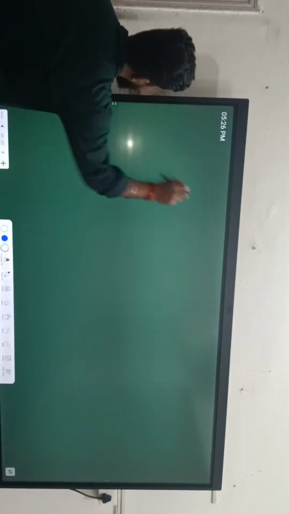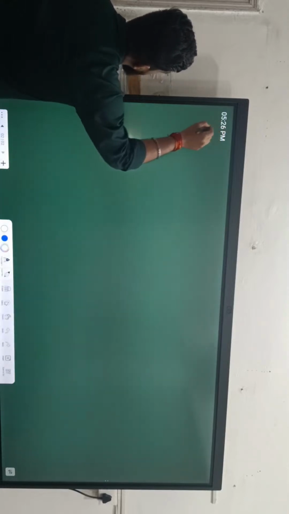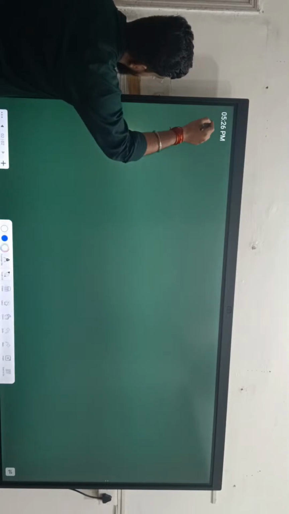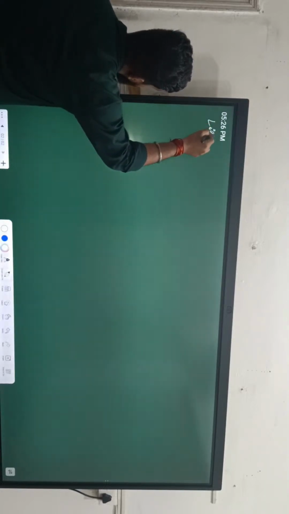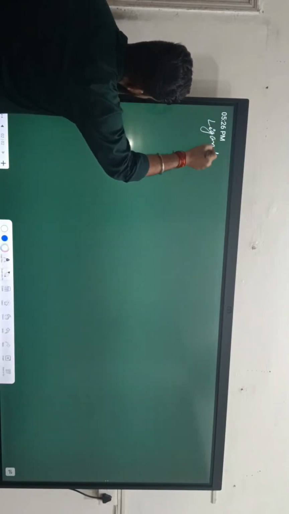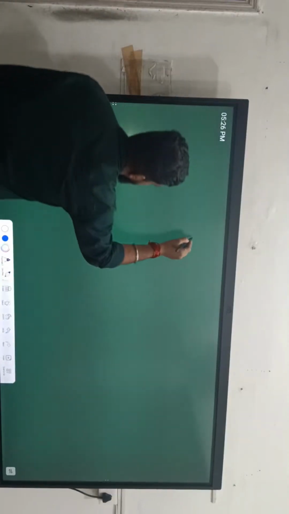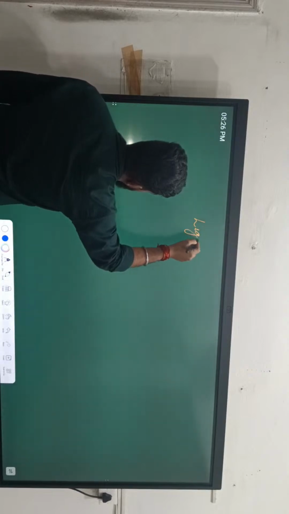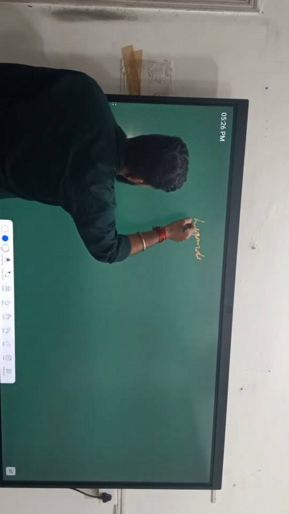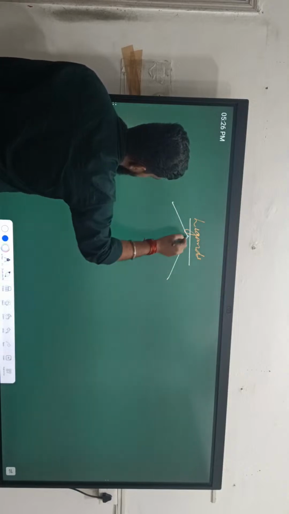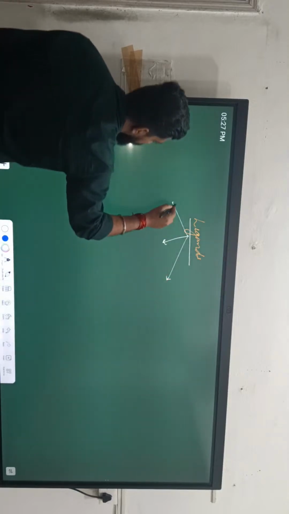Now, in this chapter, we should know a few topics, starting from ligands. Ligands can be of the following types.